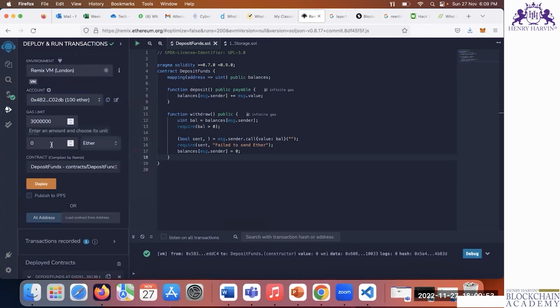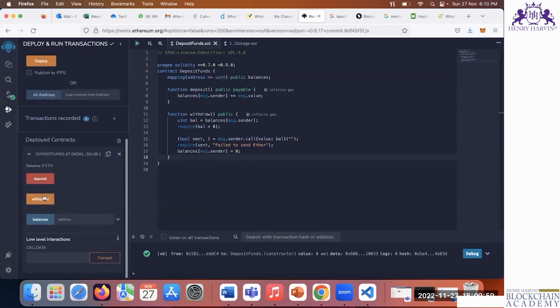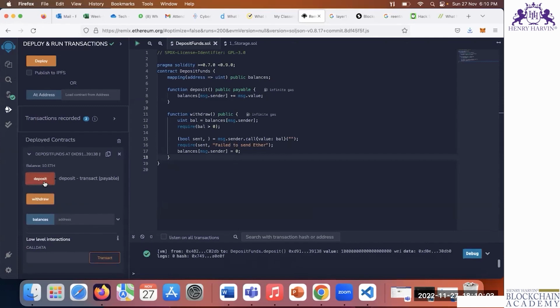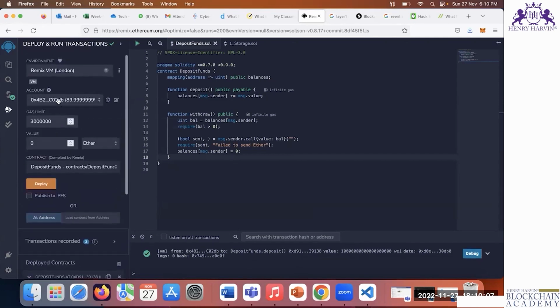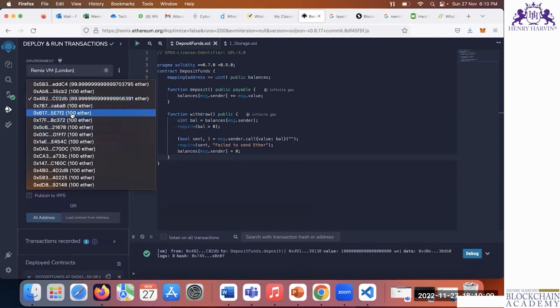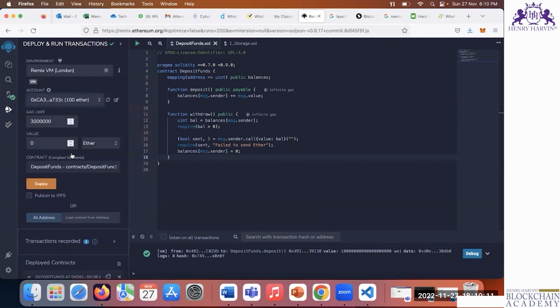Some other person invests Ethereum. This person deposited 10 Ethereum, and another person also invested 15 Ethereum.